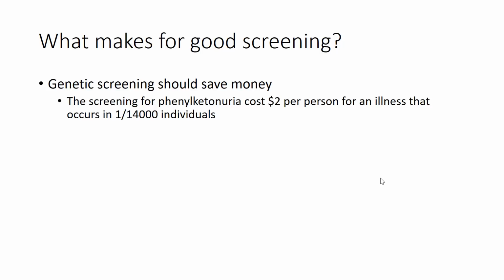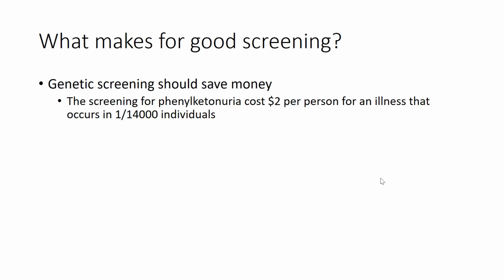And phenylketonuria is a good example of this. The screening for this illness costs $2 per person for an illness that occurs in 1 in every 14,000 individuals. And so if you think about that, for every one person with this illness, we invest $28,000 to find that person with the illness.